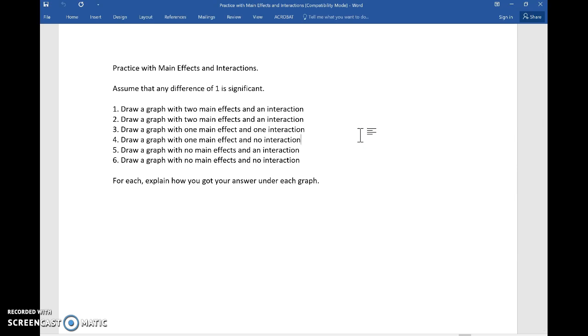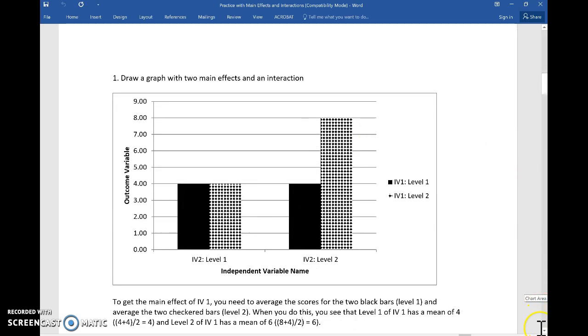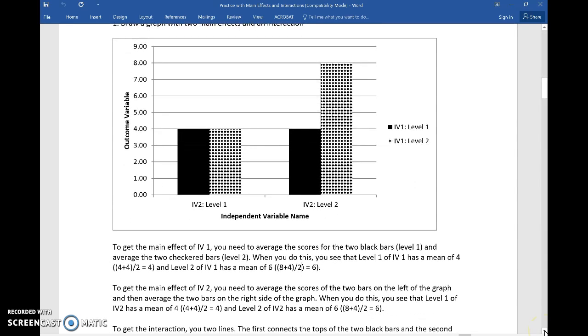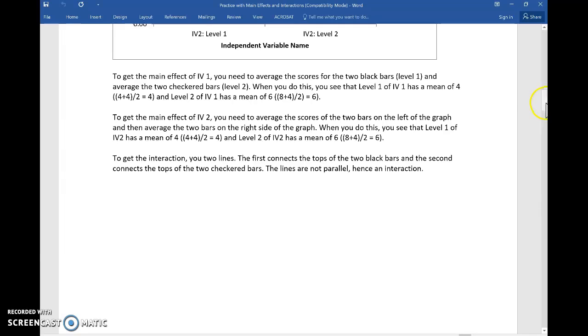All right. Now, if you scroll below, so let me go down to the next page, you will see my answer. Not only will you see my answer, but you will also see the math, how I came up with that answer. And I have all 6 of them worked out down here.